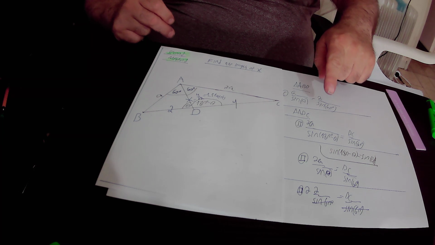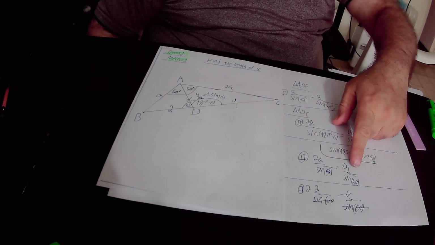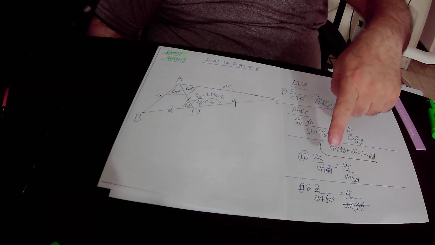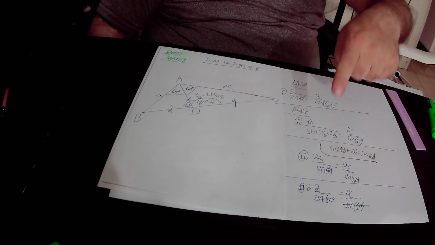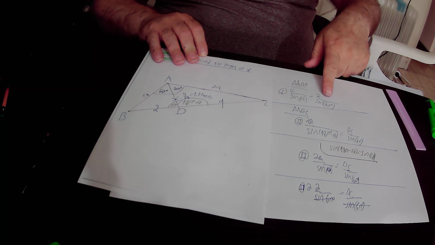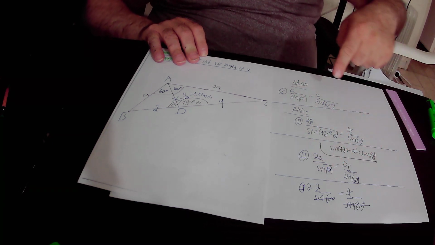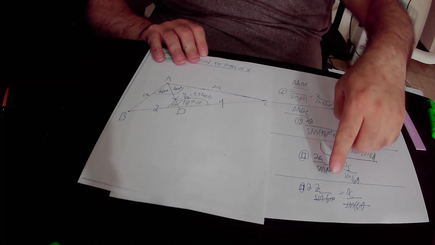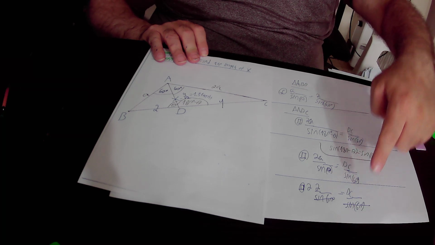We did it, and we got, according to equation number 2, that 2a over sine theta equals DC over sine 60 degrees. So here we have on this side of equation number 2, 2 times a over sine theta, but a over sine theta according to equation number 1 equals 2 over sine 60 degrees. So we can substitute a over sine theta by 2 over sine 60 degrees from equation number 1. We got that 2 times 2 over sine 60 degrees equals DC over sine 60 degrees.